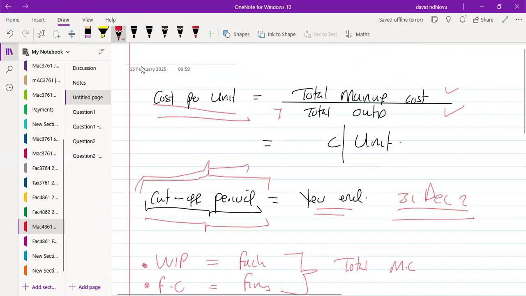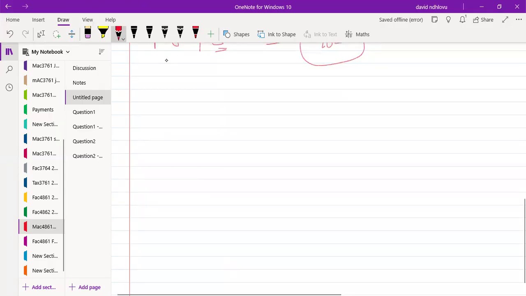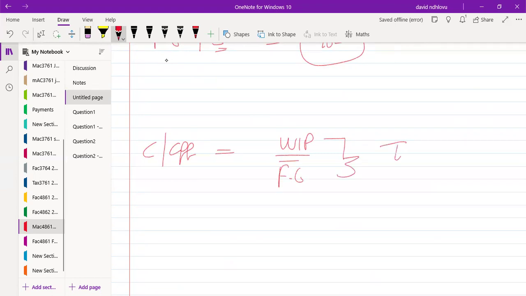But with process costing, when you say this is my cutoff, production is ongoing, which means you still have WIP, which is basically units that are being produced in the factory. So these, together with the finished goods that you have, would have contributed to your total manufacturing costs.